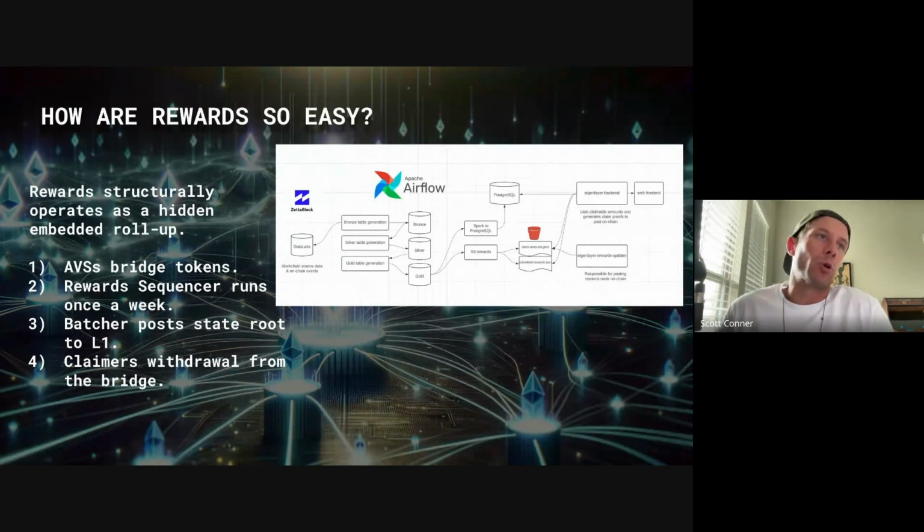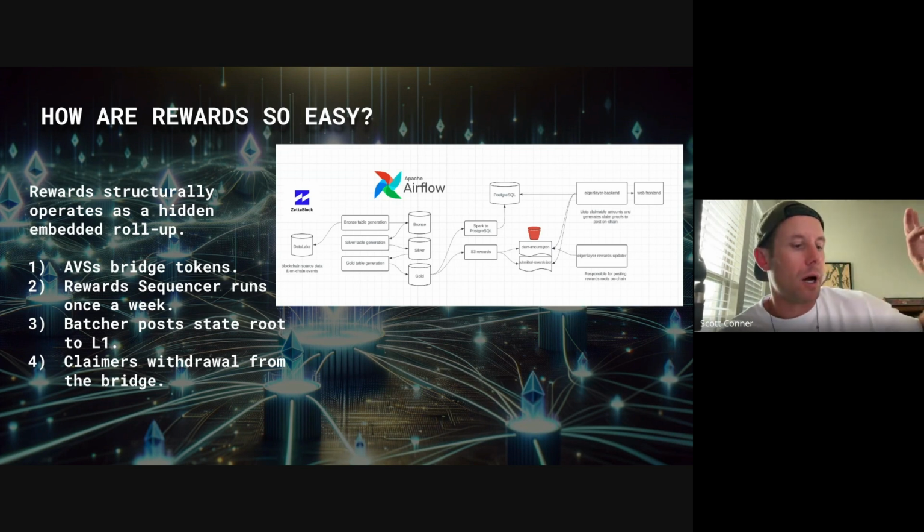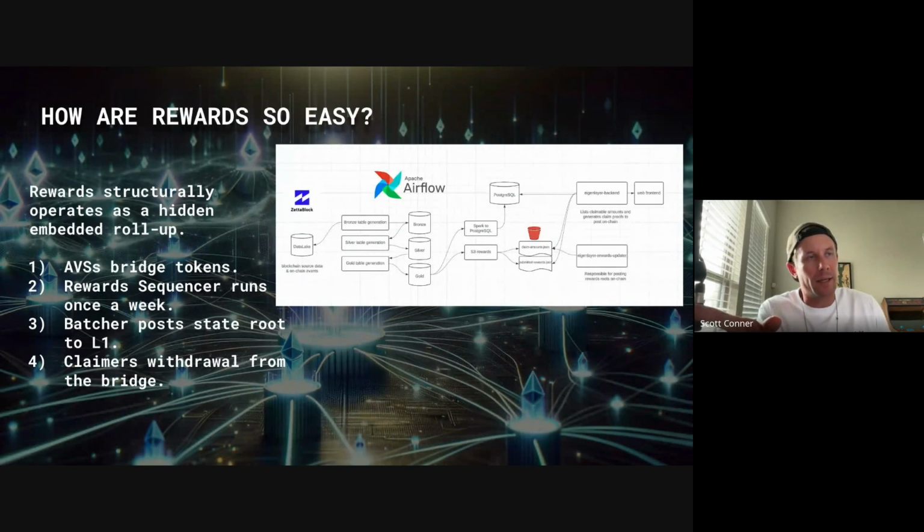We post that Merkle root, that state root, back to the L1, which is really just a Merkle tree of your earner's address, the token address, and then the total amount accrued, of which you prove against those leaves. And then the claimers are actually withdrawing from the bridge. So you do a deposit/bridge, you do some off-chain processing. Our architecture right now is an Airflow pipeline.